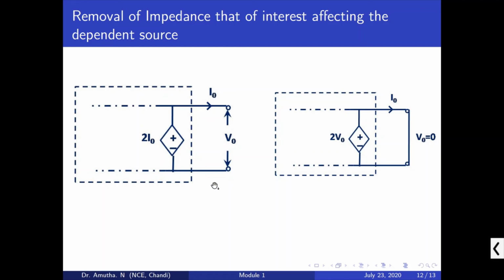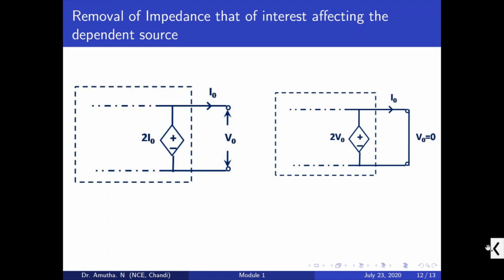Once we remove this impedance, I0 becomes 0 and the dependent source becomes 0, so this is not allowed and we cannot calculate using this circuit. Similarly, if you short-circuit the desired terminals, V0 will be 0 and we cannot use this dependent source.